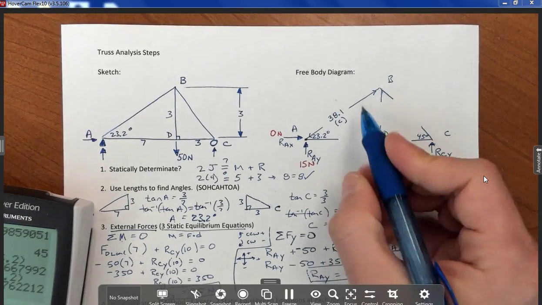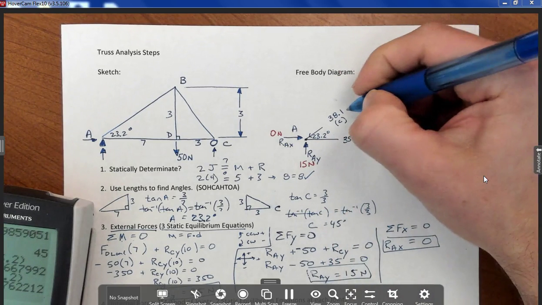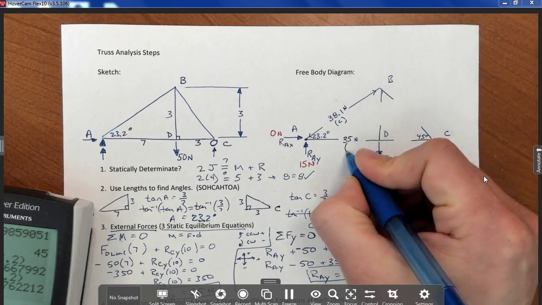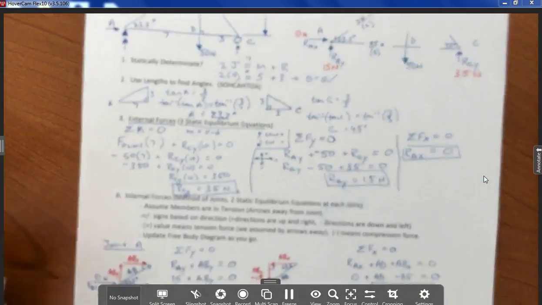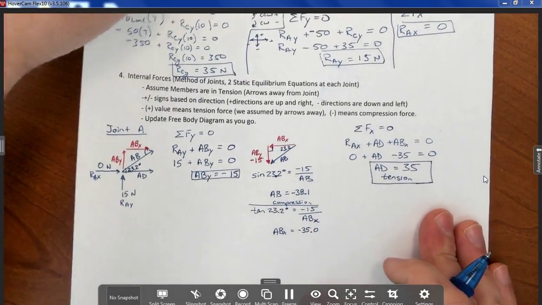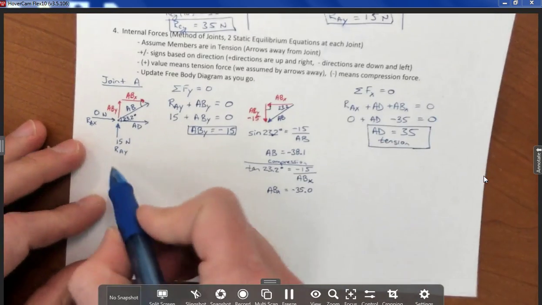So AD right here is 35 newtons. And I'll put a T for tension. Okay, so we have finished solving at joint A, and we're now going to move on to another joint.